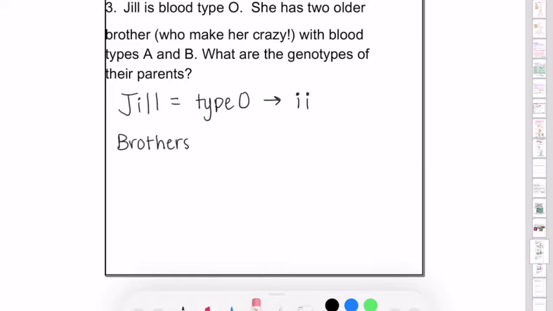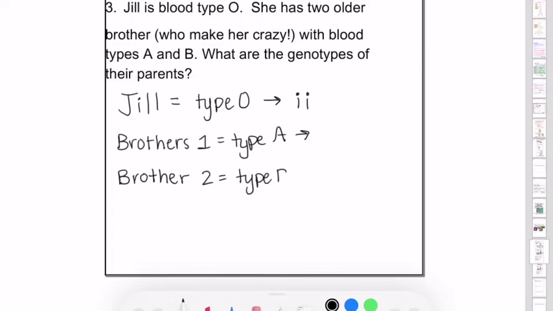So brother 1 is type A, and brother 2 is type B. Okay, so we can actually figure this all out from just looking at Jill and knowing the brothers.